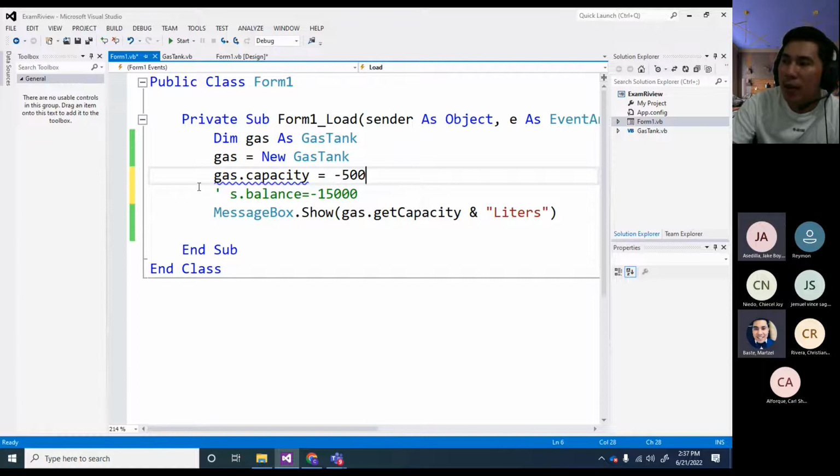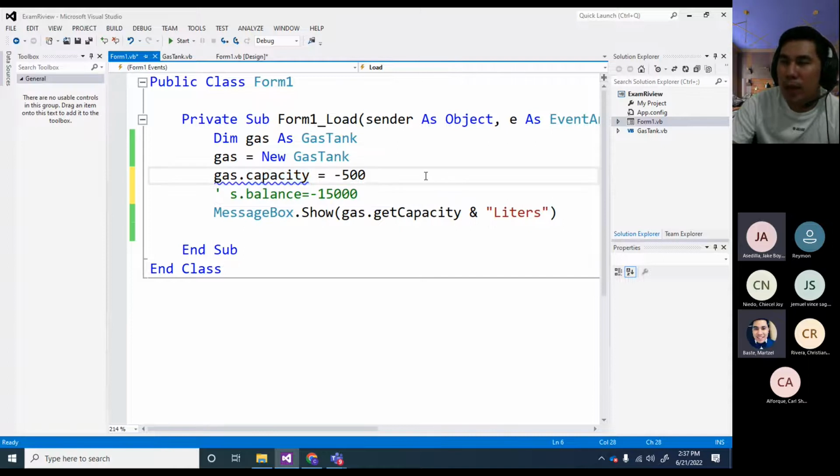So now, what will this tell us? This will tell us that whenever there is an intrusion or there is a hacker, at least dili niya basta ma-access ang property na capacity.